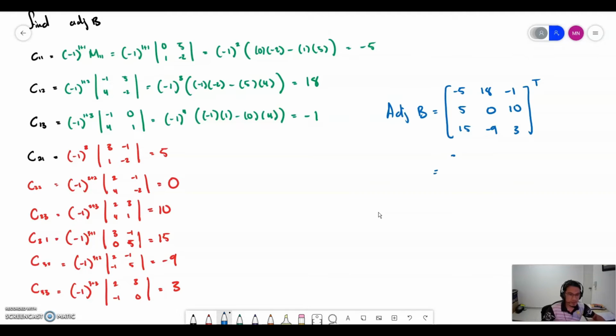When you transpose, you change the row and the column. So then it will be negative 5, 18, negative 1, 5, 0, 10, 15, negative 9, and 3. Okay, so this will be the final answer for adjoint B.